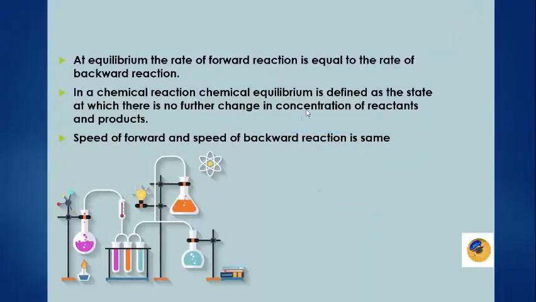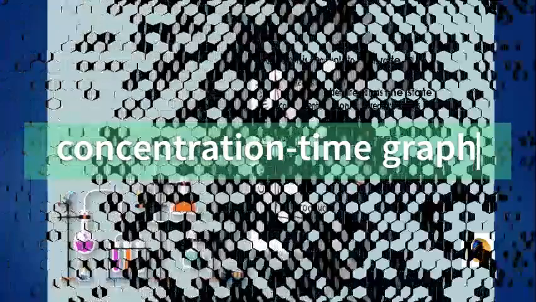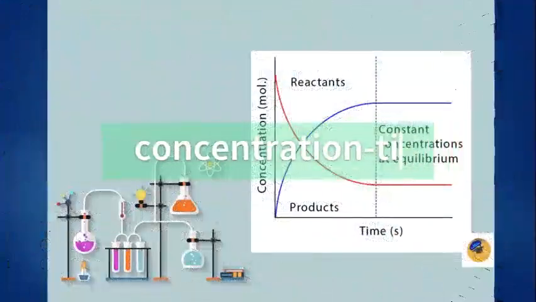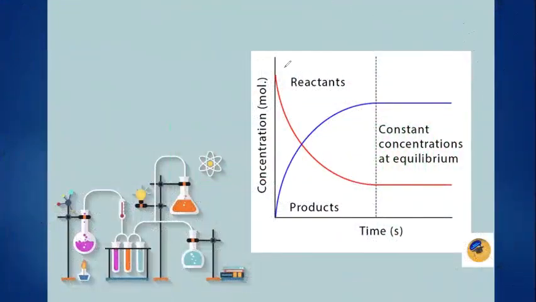Now let's go to the next slide. Here we can see the concentration-time graph of the reactants and the products. As we know, in a reaction the reactants at the beginning would be more, because they are slowly converting to products.